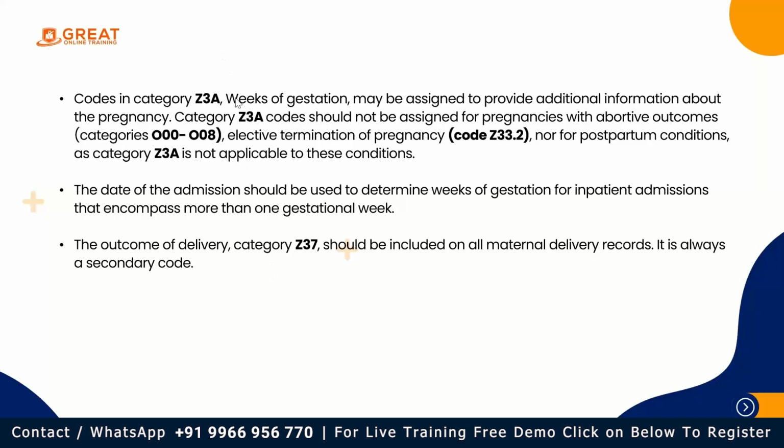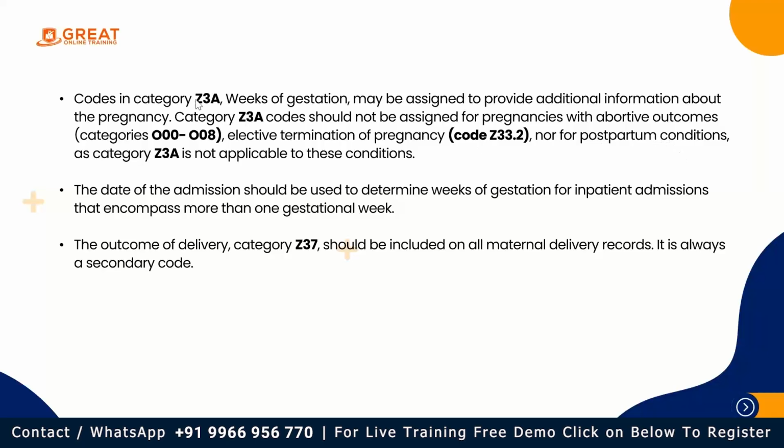We'll see all these codes when we go through the pregnancy chapter. But please remember that the G3A code, which is for weeks of gestation, we have to use to provide additional information about pregnancy, and we should not use the G3A code in case of abortive outcomes or elective termination of pregnancy or in case of postpartum conditions.